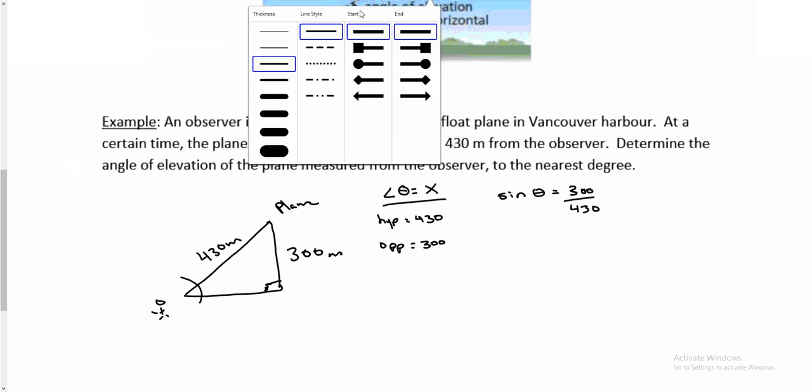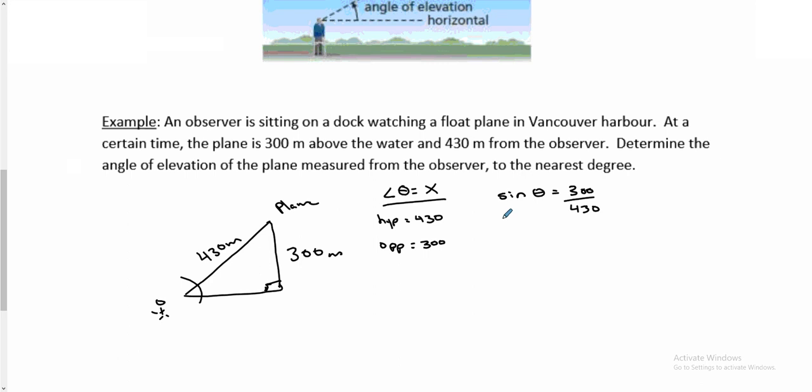And then we are going to take the sine inverse of both sides, knowing that that is the opposite operator here, to give us that angle theta is equal to sine inverse of 300 divided by 430. So we go shift sine, sine inverse, 300 divided by 430, close the bracket, hit equals, making sure our calculator's in degrees, and we get 44 degrees.